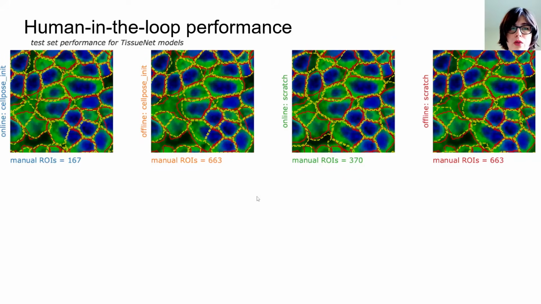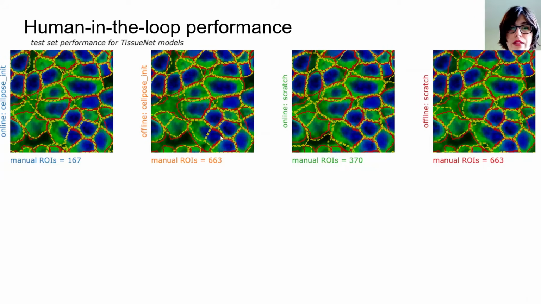Okay, so what we found in this human in the loop performance was that doing human in the loop might only require 167 manual ROIs to be corrected or drawn, whereas if you do the manual annotation from scratch, it requires many more ROIs, around 663, to segment all 5 of these images that I was showing you from human in the loop.